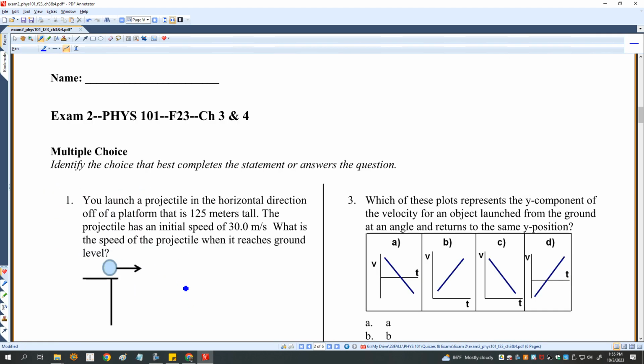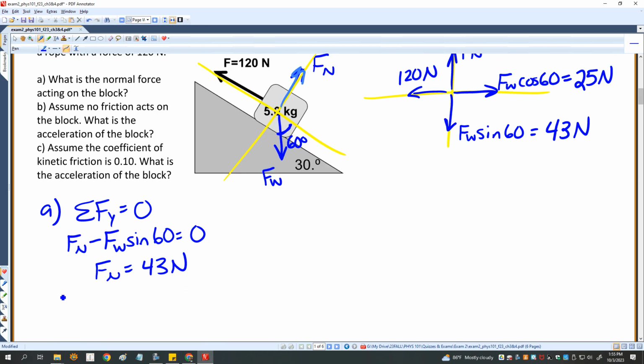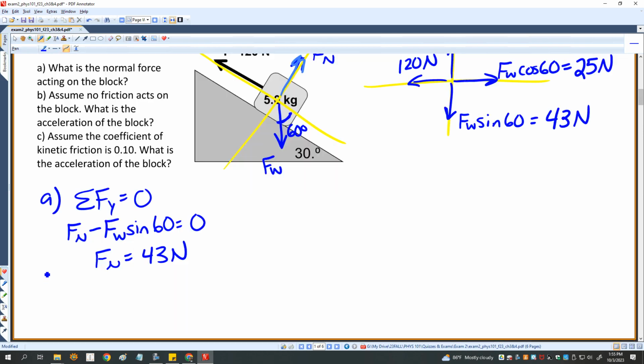For part B, assuming no friction is acting, what is the acceleration of the block? The sum of the forces in the x direction is equal to max. So in this case, there is acceleration of the block. I'm assuming up the inclined plane because that's the direction that the force is pulling.